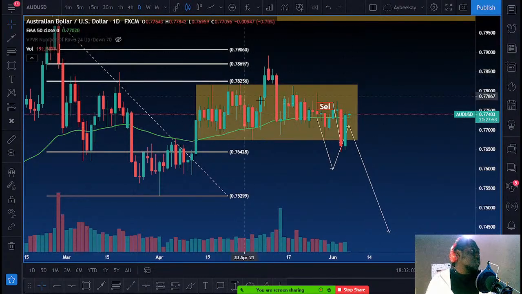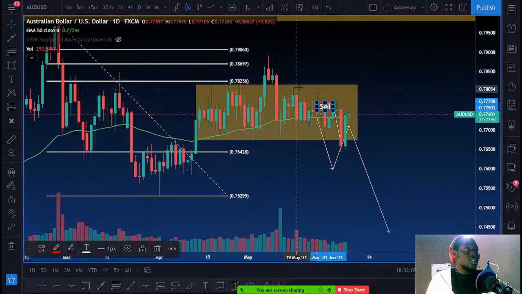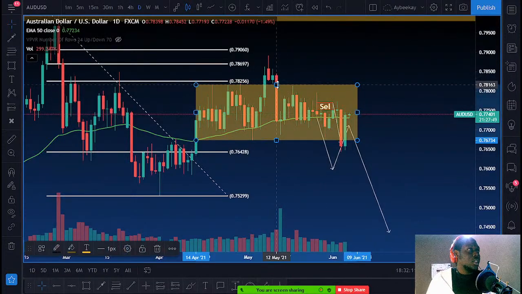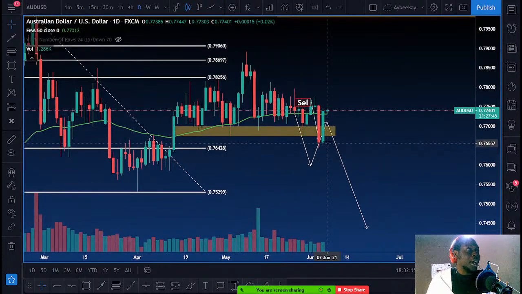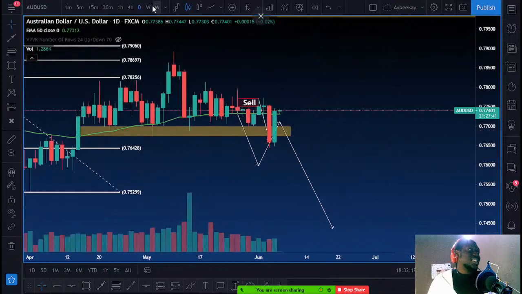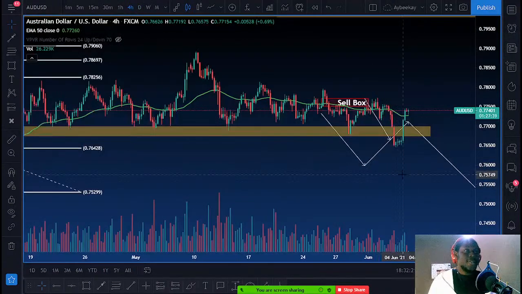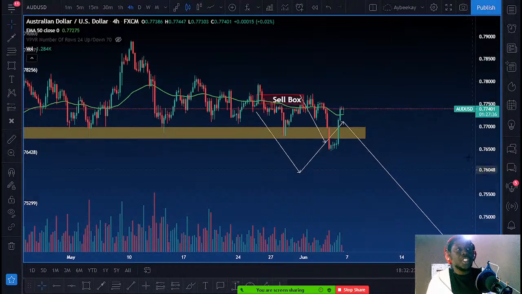I need to see it really break through this structure and hold under. Even on the 4 hour, it's above the 50 EMA.